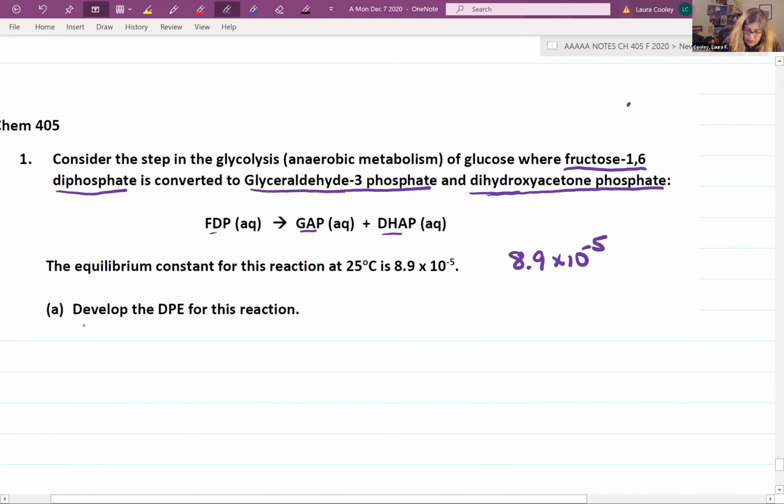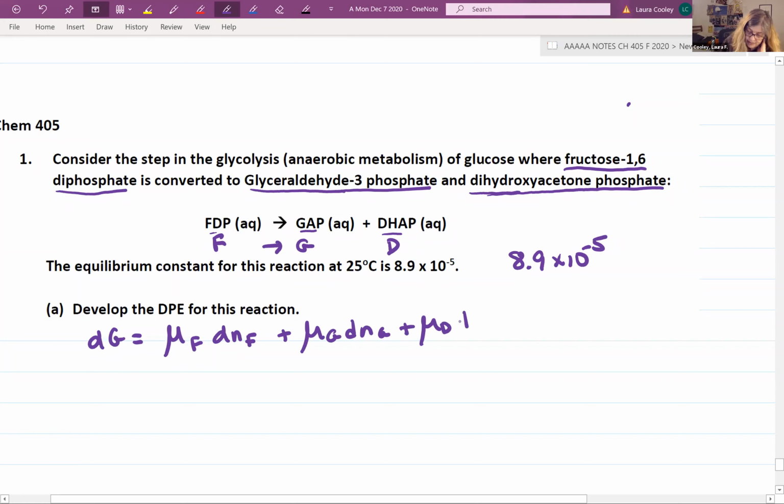But the first thing it wants is for you to develop the direction predictor equation. By this, I mean to start out with dG is equal to, and I'm going to abbreviate these as F, G, and D. So it's mu F dn F plus mu G dn G plus mu D dn D. These are all easy, right?